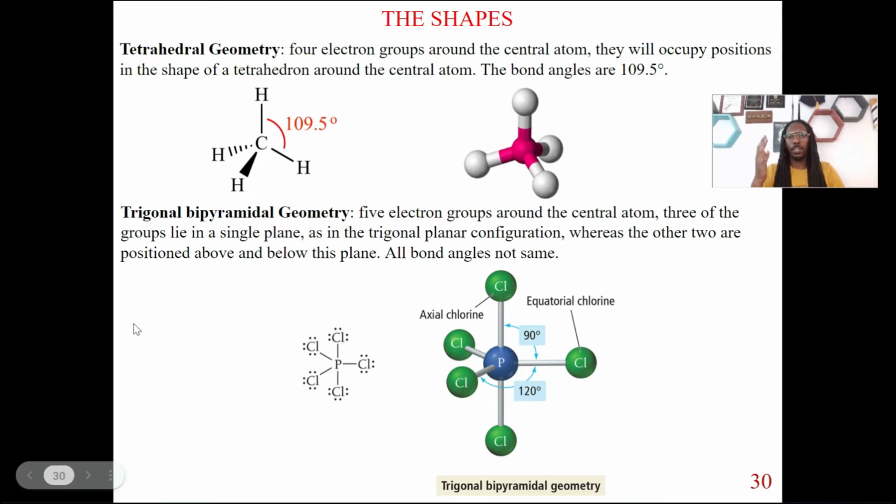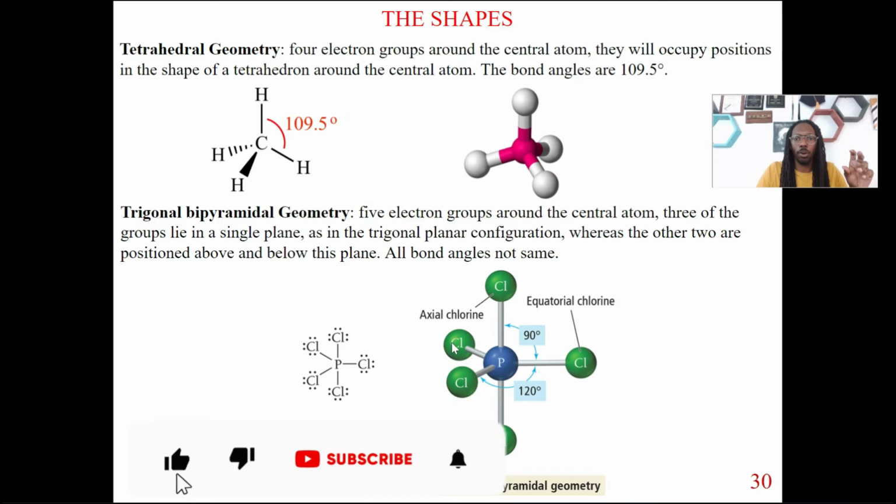This is when we have 5 electron groups around the central atom. This one's a little bit different compared to the rest, because we're actually going to see 2 angles here. With trigonal bipyramidal, we have 3 groups in one plane and then 2 on our axis. If we look here at PCl5, here's the Lewis structure. But when it comes to how the atoms are actually arranged, 3 of the chlorines are going to be in the same single plane.